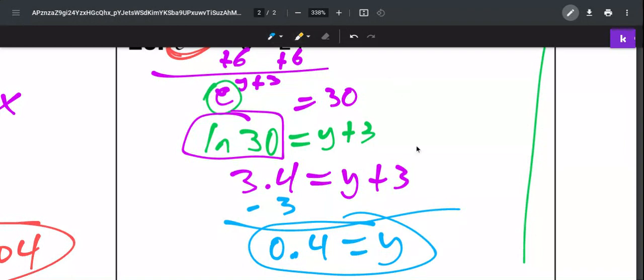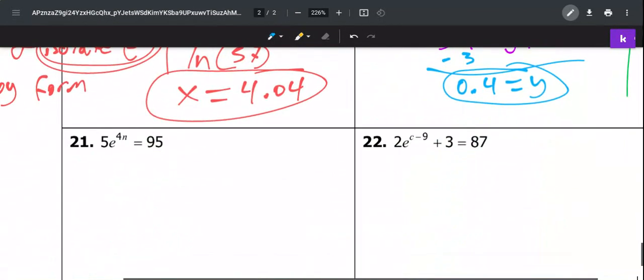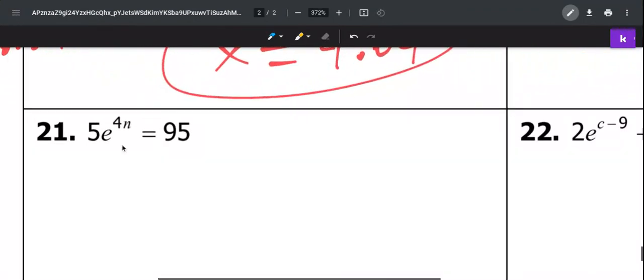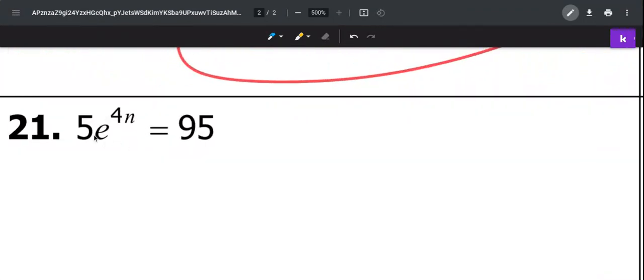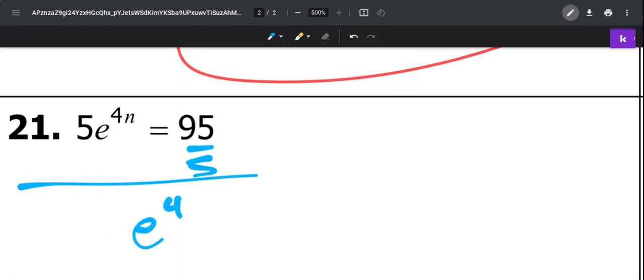All right. So you try 21 and 22, but here's all we have to do. In 21, the e is almost isolated, except 5 needs to go away. Since 5 is right beside it, we divide by 5 on both sides. So this is actually e to the 4n equals, let's see, 95 divided by 5 would be 19. Yeah. Let's make sure.